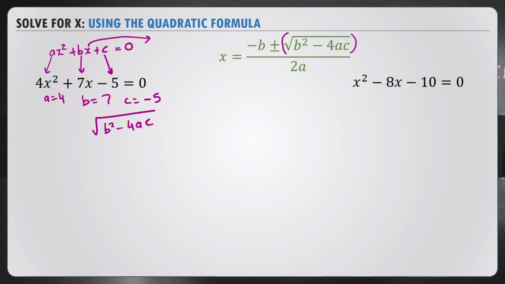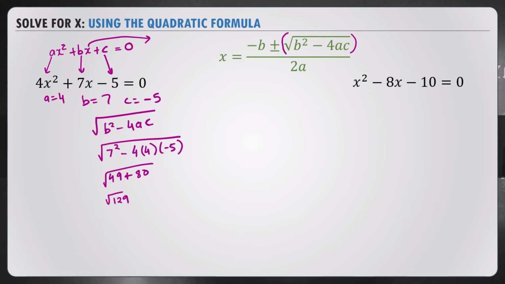So let's solve. B squared is 7 squared, minus 4 into a, which is 4, and c, which is negative 5. And we get 49 minus, this becomes positive because there's a negative here, 80, which is square root of 129.